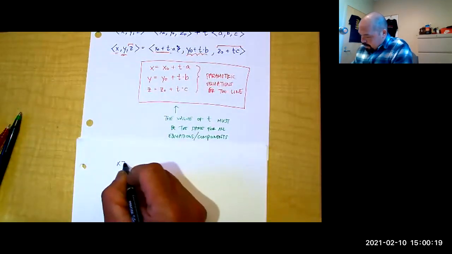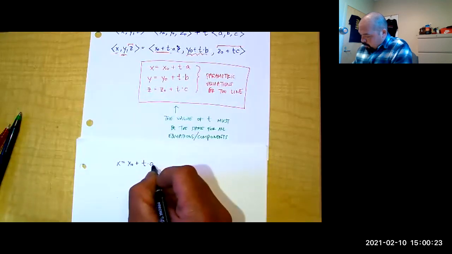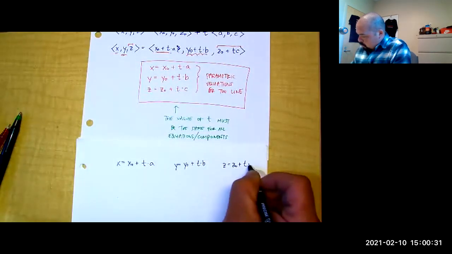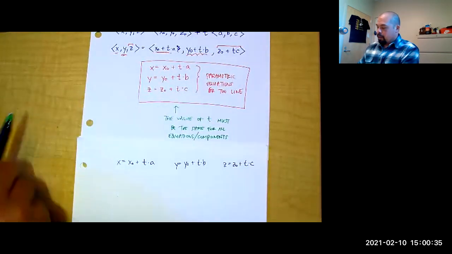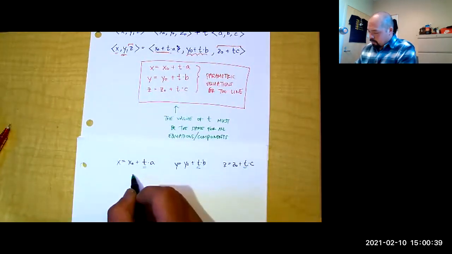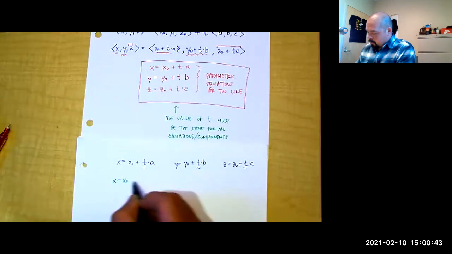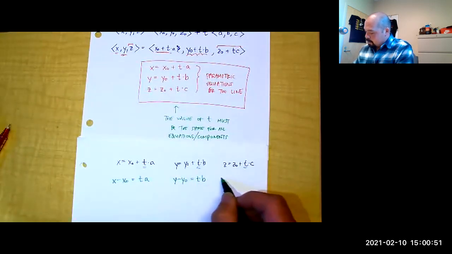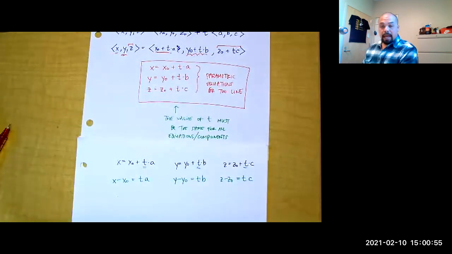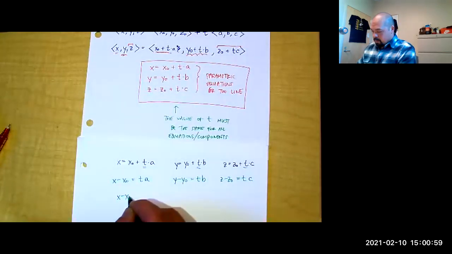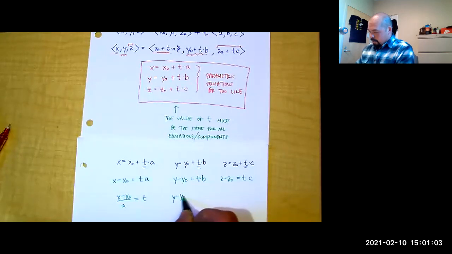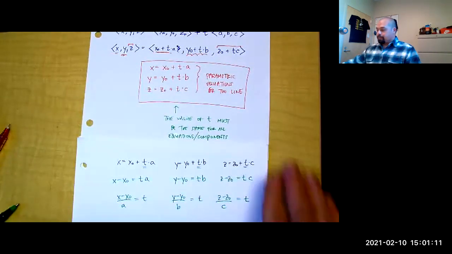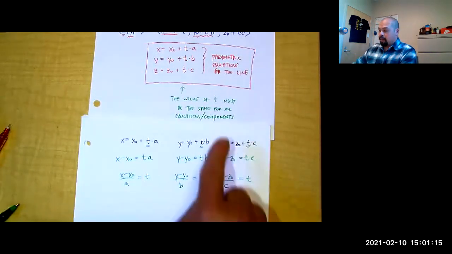If we have these three parametric equations, if we solve for t in each of these, subtracting x naught, y naught, z naught, and dividing by a, dividing by b, dividing by c, each of these values for t have to be the same.